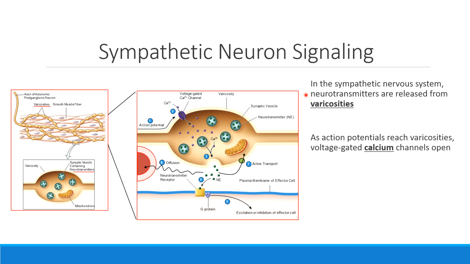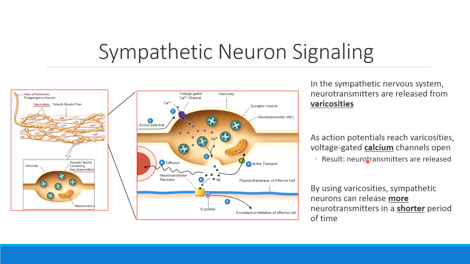As an action potential or a change in charge gets all the way down to the varicosity, as usual, it causes calcium to rush inside this bubble. And as calcium rushes inside that bubble, out rushes those neurotransmitters. Now, this signal is going from one varicosity to another varicosity all the way across this neuron.